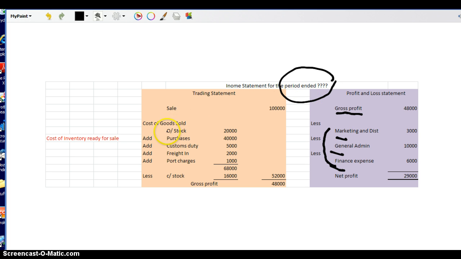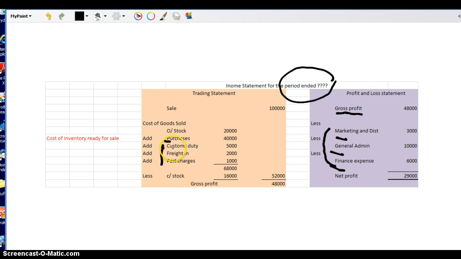Whereas these costs here, in trading, are related to the inventory. You purchase inventory, which is purchased from a foreign country, local supply, whatever it may be. Once you purchase them and receive an invoice for that, you have to get them into the retail outlet to sell.